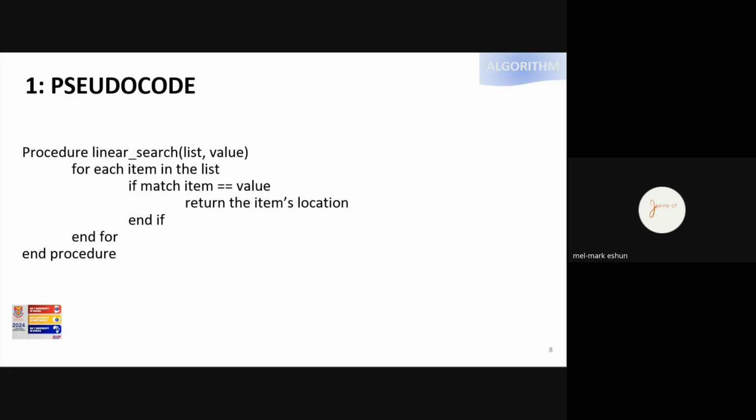But in this case, we are checking for equality in the value so that we see that we have actually found the value we are looking for. Okay, sir. Thank you. All right.